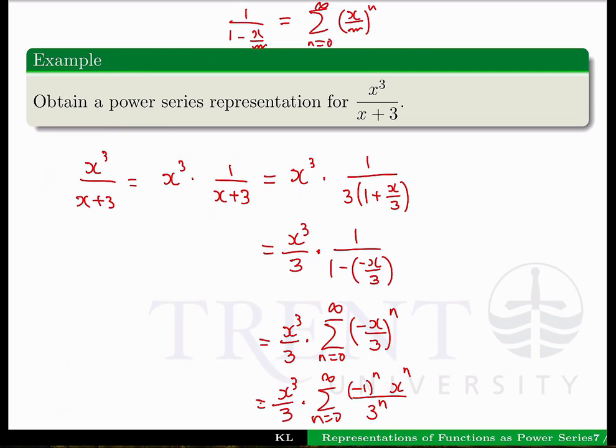And if we bring this inside the summation, we will end up with the summation n from 0 to plus infinity, negative 1 to the n, x to the n plus 3 divided by 3 to the n plus 1.